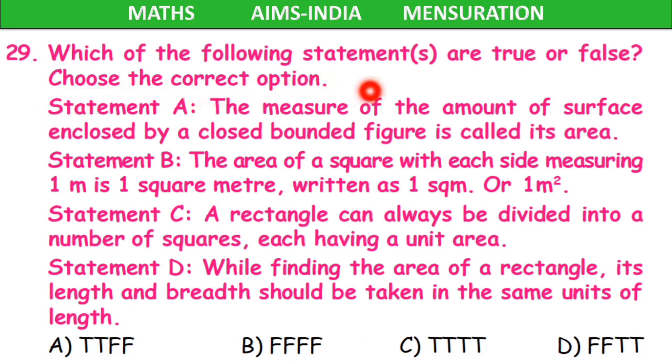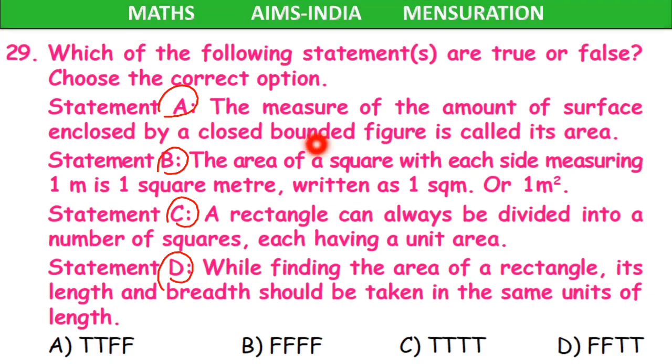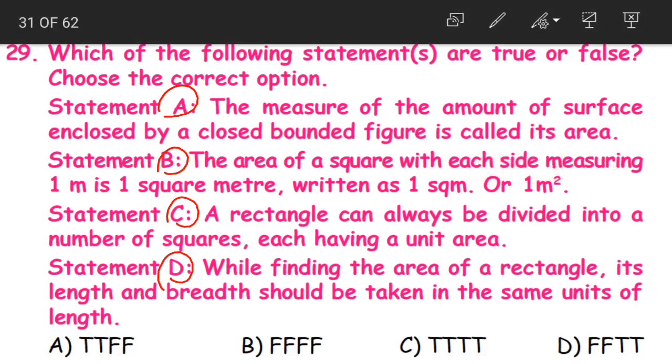Next question, which of the following statements are true or false? Now here we are having statement 1, 2, 3 and 4. So we have to state which is true and which is false. Coming to statement A, the measure of the amount of surface enclosed by a closed bounded figure is called as area.